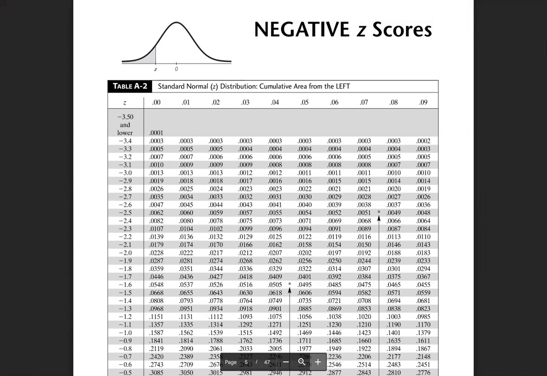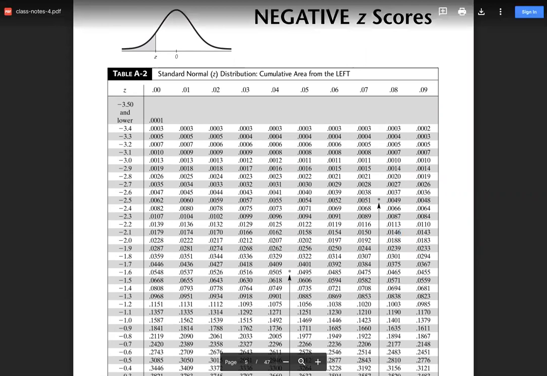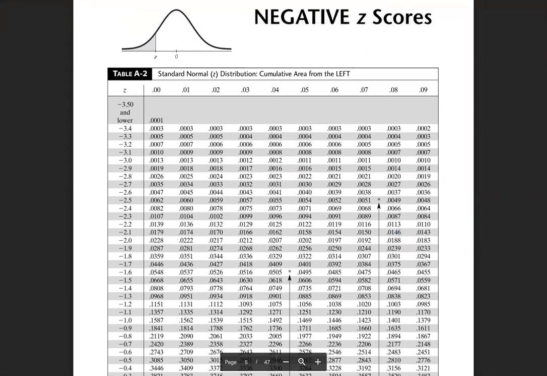So this is the z-scores table, and I'm going to describe it to you. The numbers in the middle give you the cumulative probabilities.